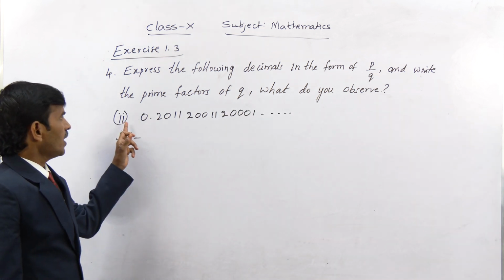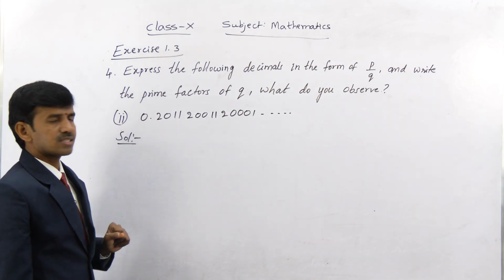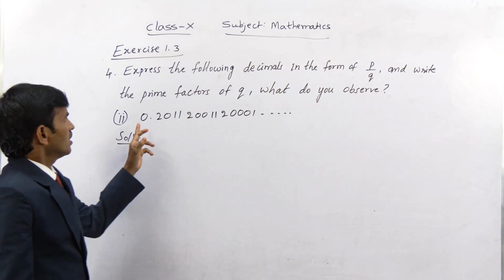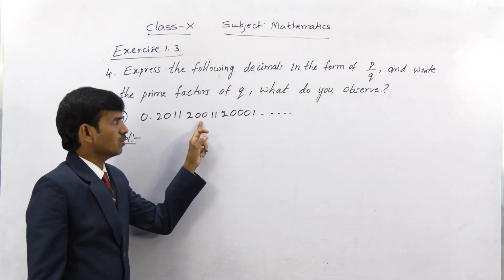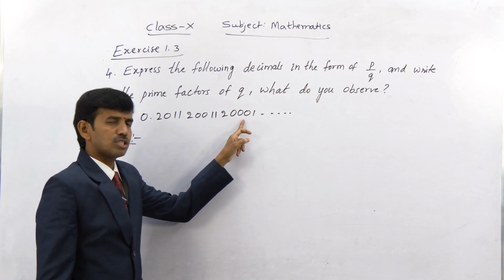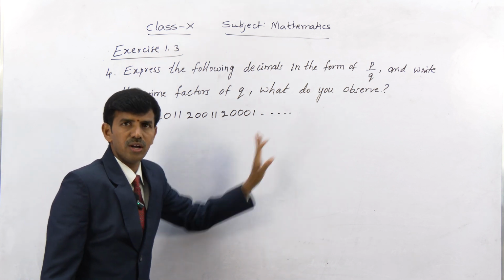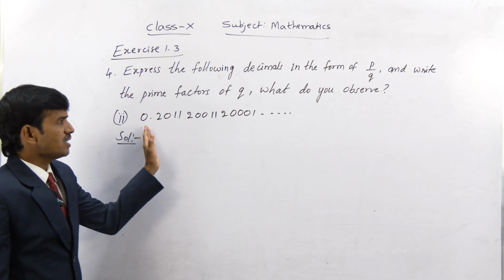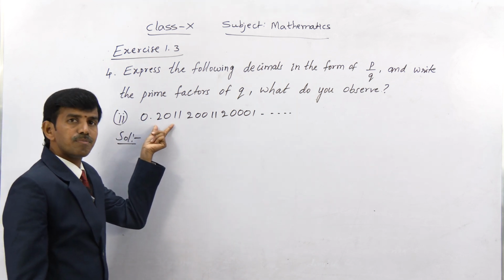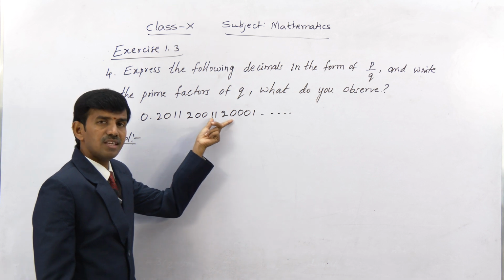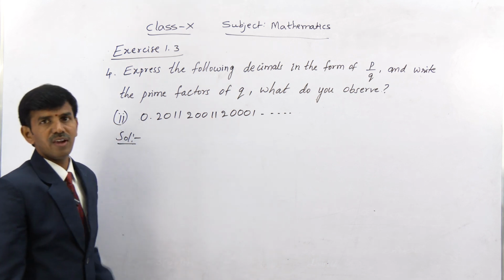Given decimal, if you observe clearly, is 0.2011200111200011 and so on. Is there any pattern repeating in a proper way?